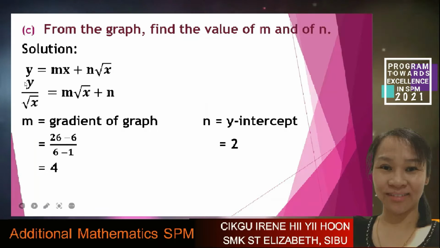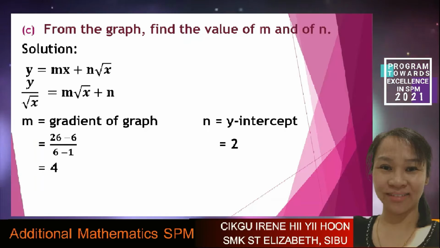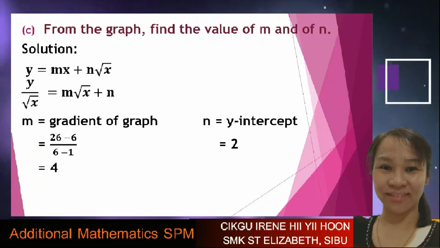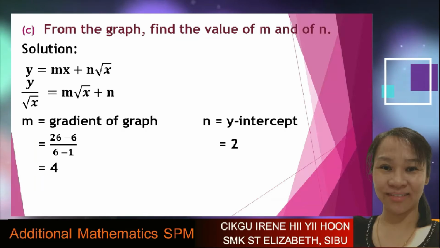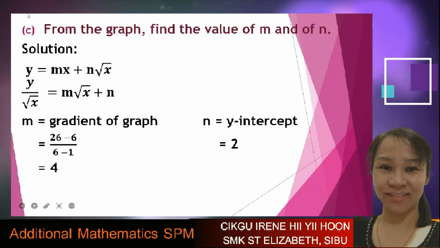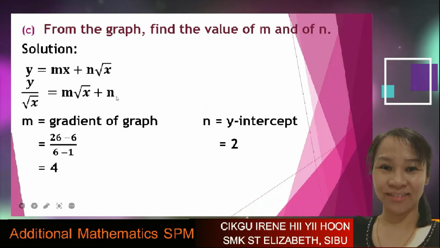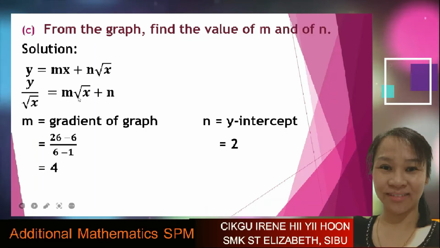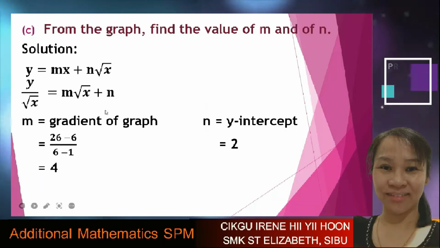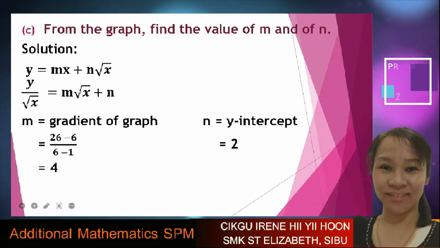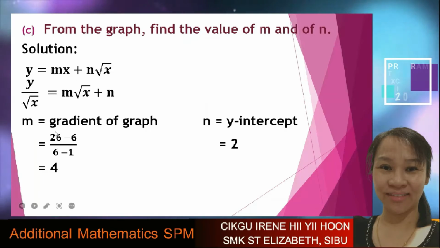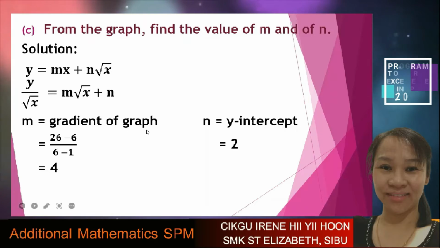So the linear equation is y over square root x equals m square root x plus n. From this equation, we will find that m represents the gradient of the graph.